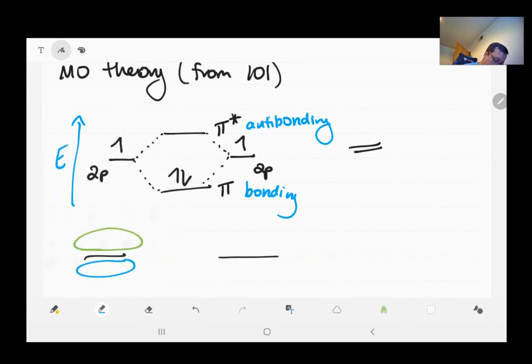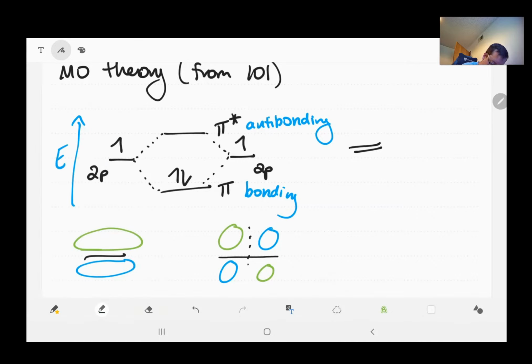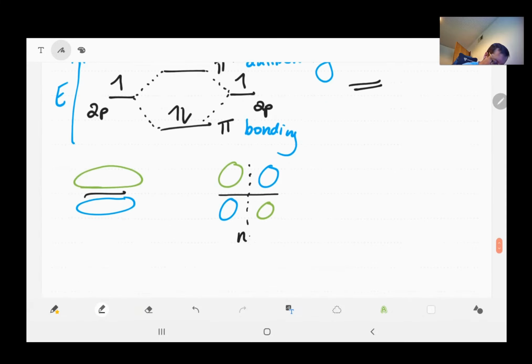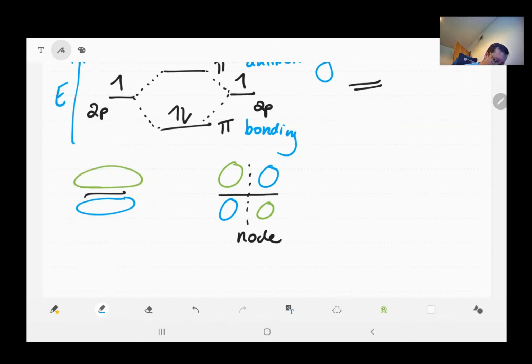And if we look at the anti-bonding, we have the opposite problem happening. We have a node here. And so you remember that p orbitals, okay, I have to do them in different colors because we're going to see that this is going to be important.